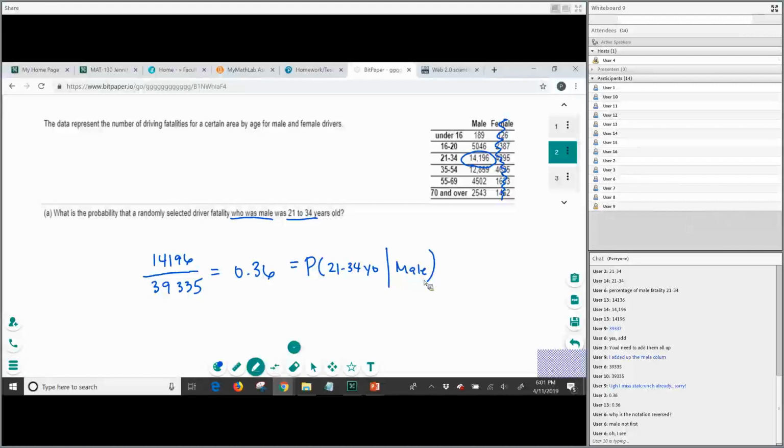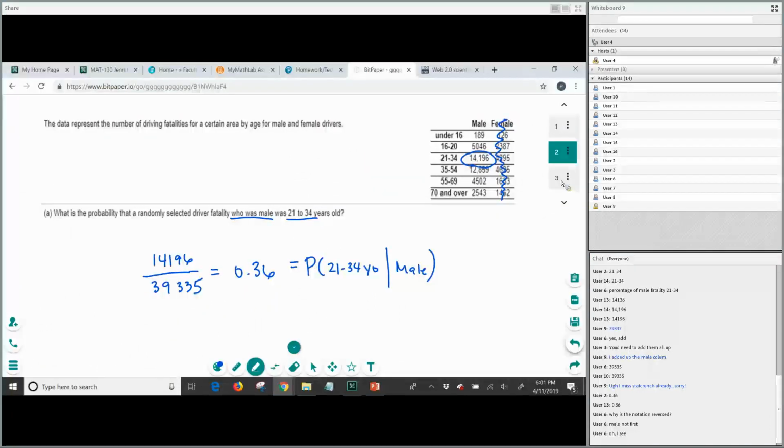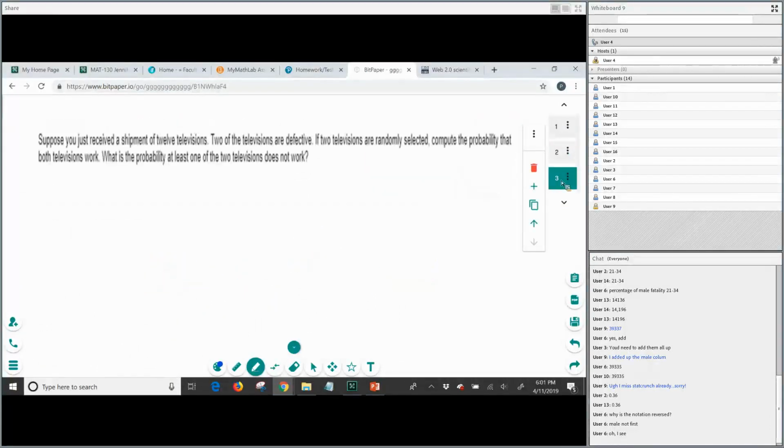So the event that's given always comes at the end, after the bar. So we knew that it had to be male. The fact that it was male was given. So whatever is given always comes at the end. So that's a good point. It might come out of order to this notation in the wording of the question. So you do have to interpret it correctly. Okay, any other questions about that or this question?